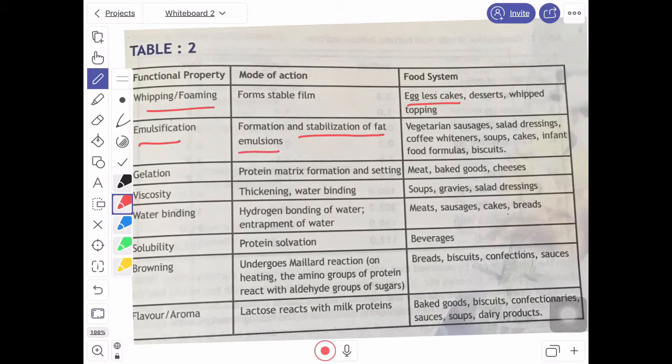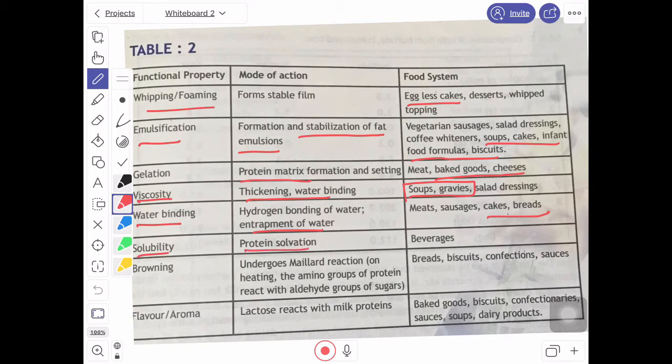They are used in soups, cakes, okay, biscuits, etc. Gelation to form protein matrix like bakeries and cheeses. For viscosity, thickening, water binding, again for soups and gravies. Water binding, hydrogen bonding of water, entrapment of water, like some cakes and breads.